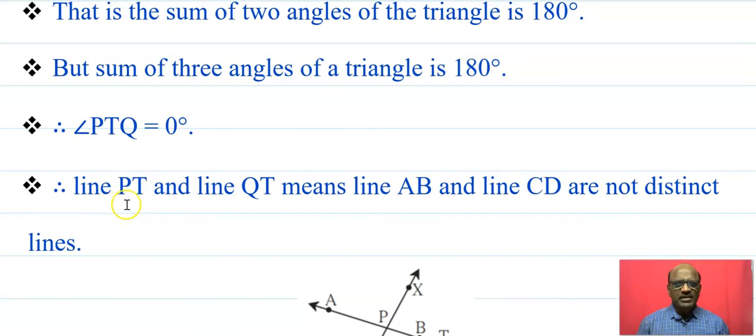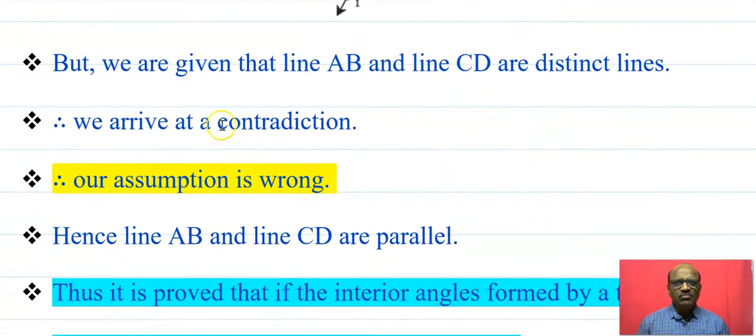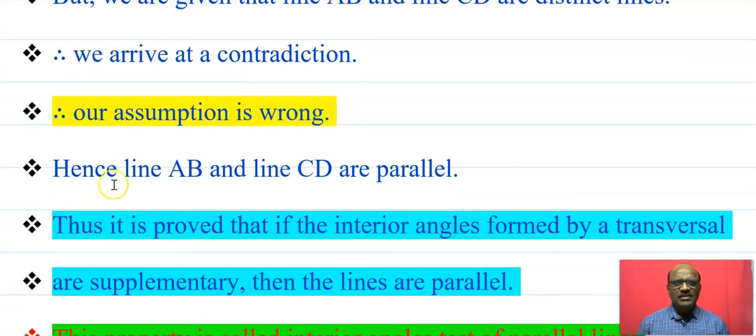That is, line PT and line QT, meaning line AB and line CD, are not distinct lines. But we are given that line AB and line CD are distinct lines. We arrive at a contradiction. Therefore, our assumption is wrong, and hence line AB and line CD are parallel lines.